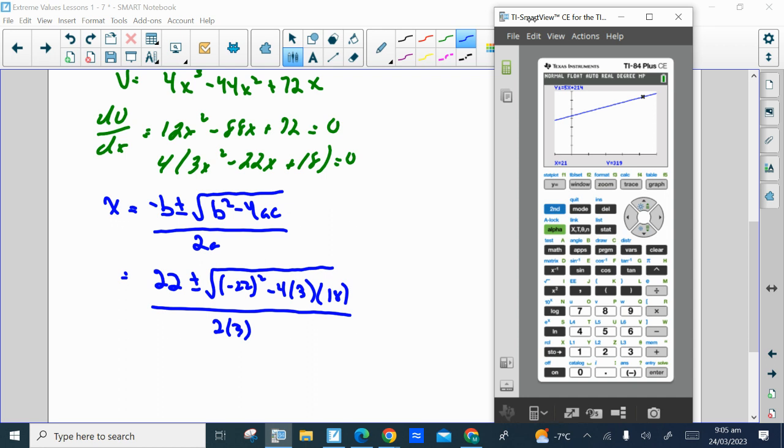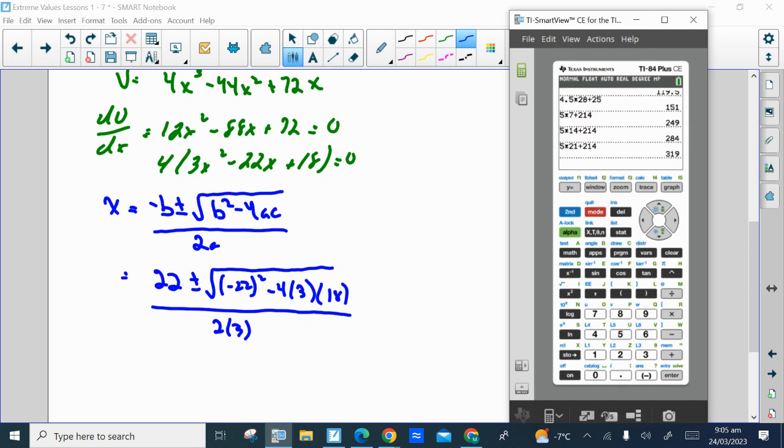If we determine the value of the discriminant, negative 22 all squared minus 4 times a times c, it gives us a discriminant of 268.